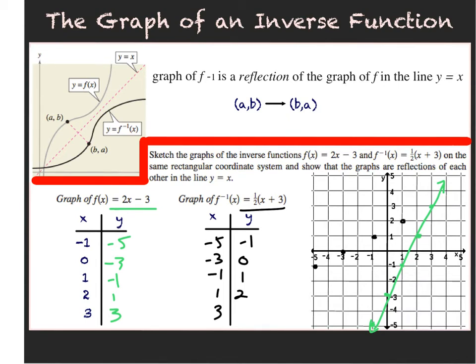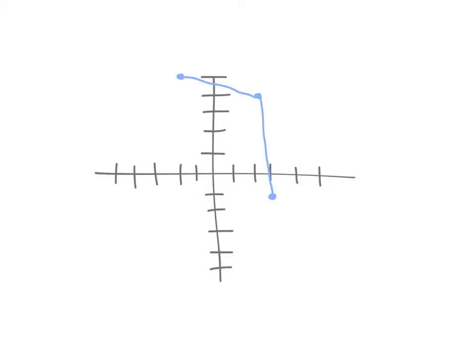If I substitute in 3, I end up with 3. What happened? They switched x and y. And if they switch x and y, those are said to be what of each other? Inverses.